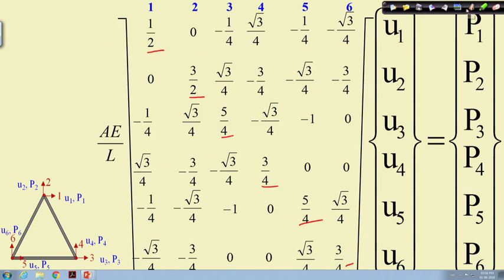What we have to do next is, if we know the forces we are applying to a system, we need to solve to get the displacement. This is a common thing that you have learned in matrix theory: Ax = b.